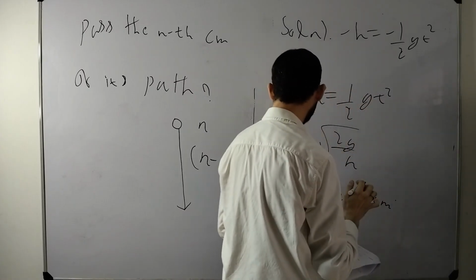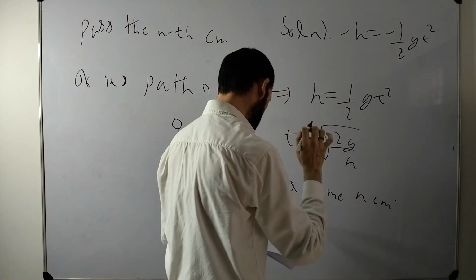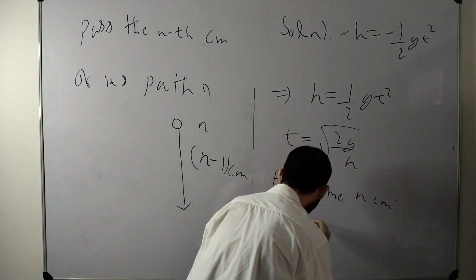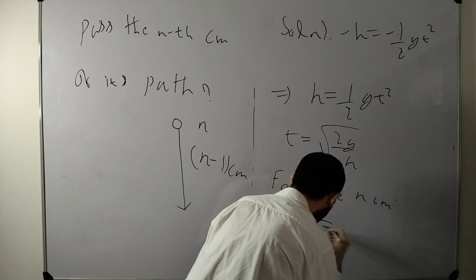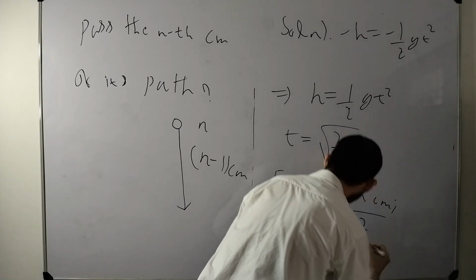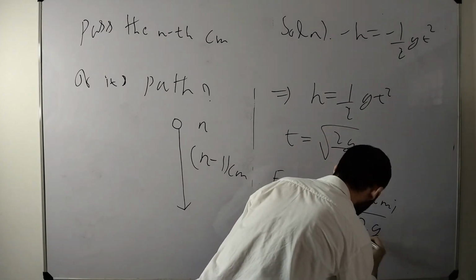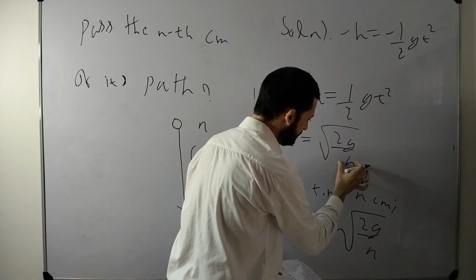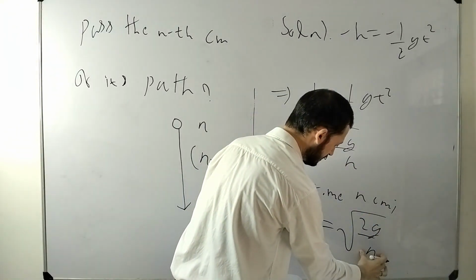So this is t. The time period for n centimeter is tn, and this becomes under root 2n upon g. I have placed n instead of h.